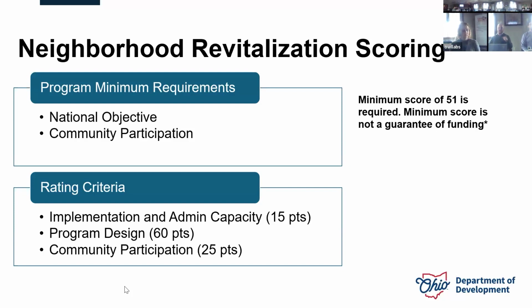It just means that you could rate high enough to be selected for funding. It just depends on how many applications we get and the quality of those and the amount of money we have. Frankly, a lot of these programs we have are competitive just on the scarcity of the funds themselves, because ultimately we would love to fund as much stuff as we could. But we're just dealing with limited funds and increasing demand.